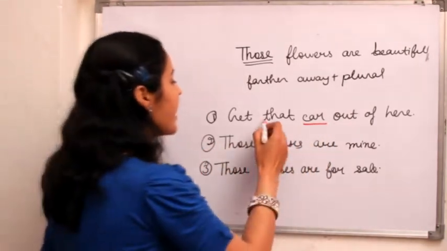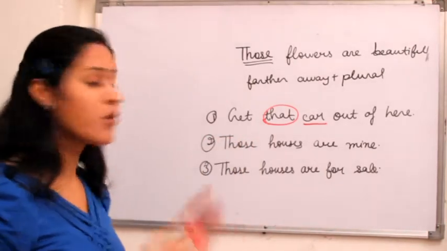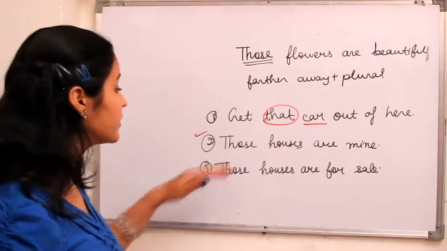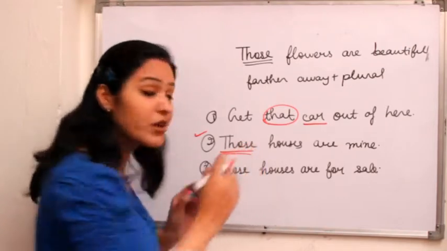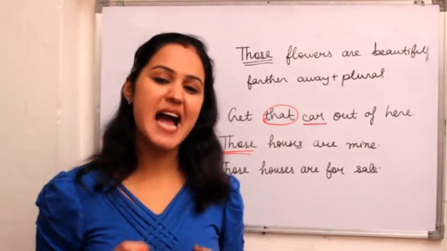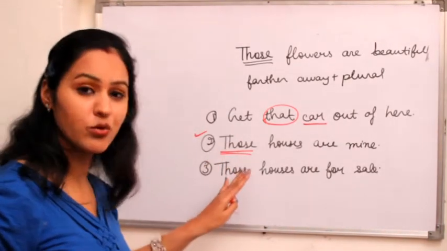That's why I use that here: it is singular and further away. In the second, I write those houses are mine. It means that I'm talking about plurals. There are a number of houses that are mine. So I use those here.